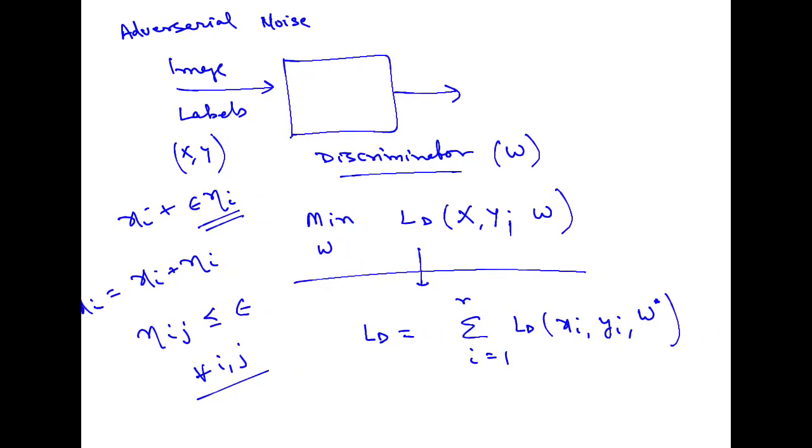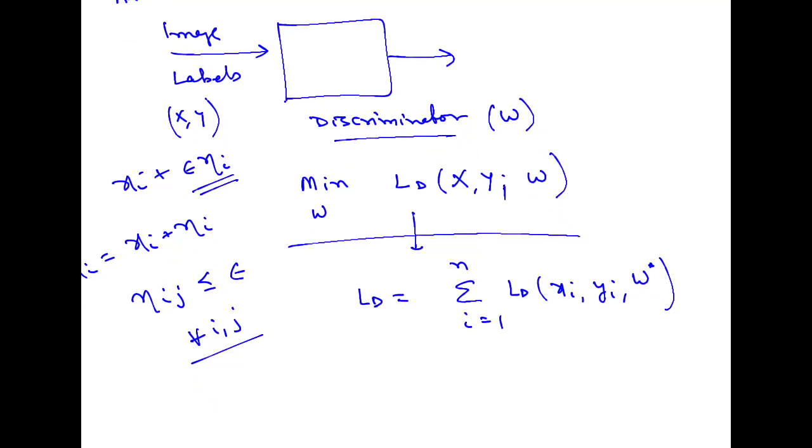So I am summing over all the images. This is my loss of the discriminator. Now instead of xi I want to give it xi plus eta i. I want this image to be misclassified. So how do I choose eta i such that the image has a maximum chance of being misclassified?